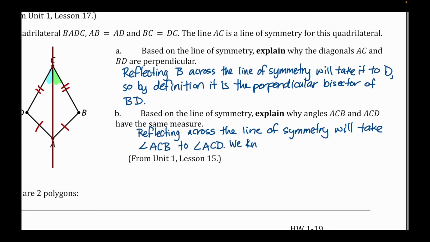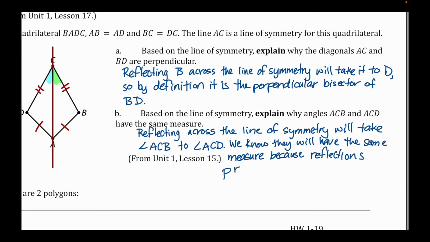We know they will have the same measure because reflections preserve angle measure. Okay.